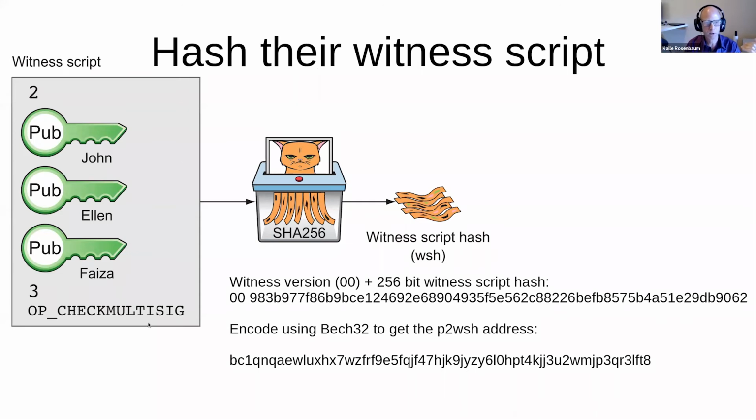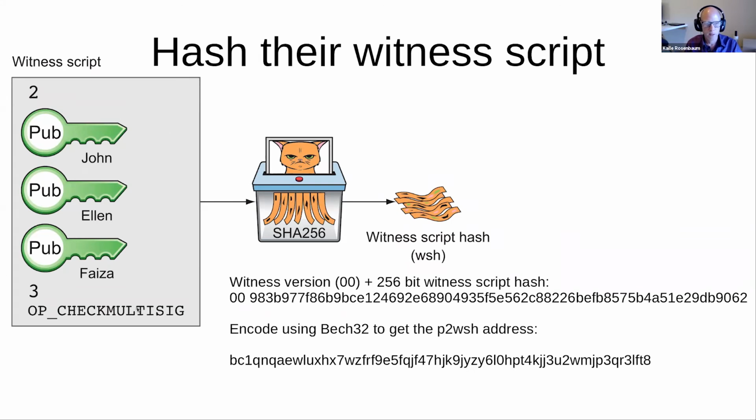They have this witness script here. This is called the witness script. It's the same thing as the redeem script for pay-to-script hash, basically. Just think of it as the redeem script, but we call it the witness script. And this would require 2 out of these 3 keys to verify. It would require 2 of 3 signatures.